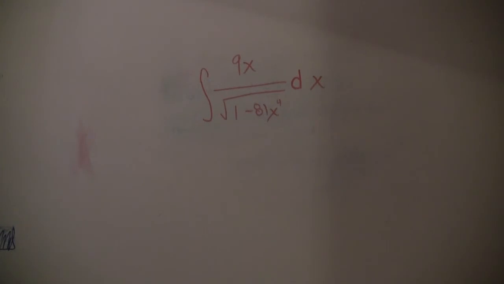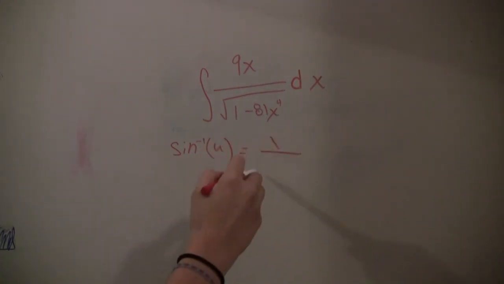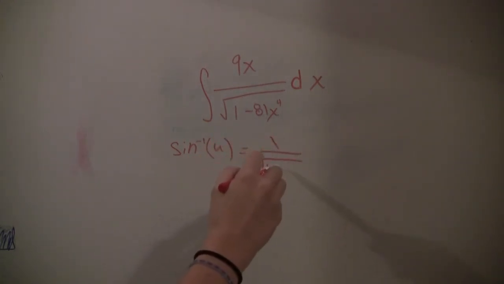To practice some indefinite integrals, I'm going to throw a couple of problems at you that use the integral rules I gave you earlier in the video. So for this one, you're just going to have to remember this structure and realize that it's going to be sine inverse of u, which is 1 over square root 1 minus u squared.